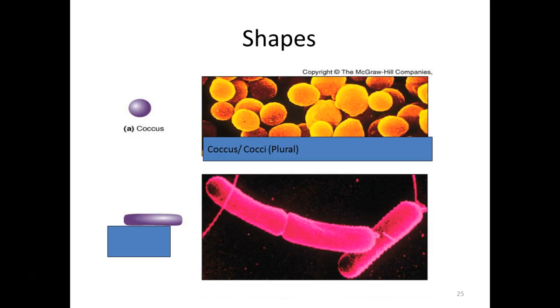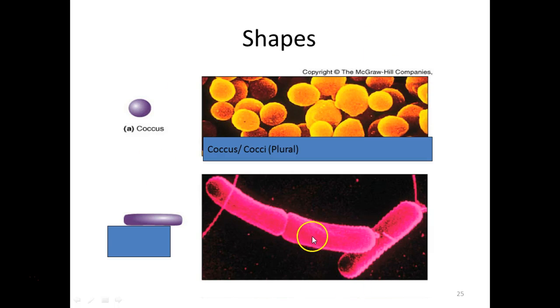So this is Latin. I is plural, us is singular. I just always remember it's the opposite of what we're used to, right? When we usually say I, we're talking about a single entity, ourselves. When we say us, we're talking about a group. In this case, it's opposite. Us is the singular term, coccus is singular, cocci is plural.